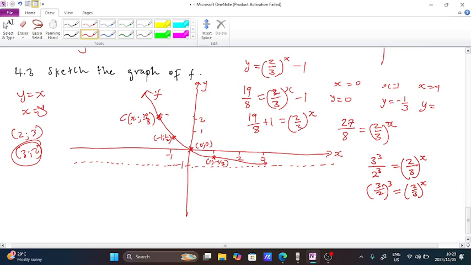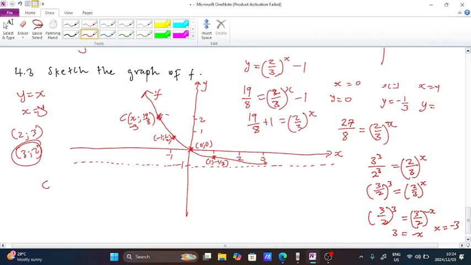We can change this one to be 3 over 2. So 3 over 2 to the power 3 equals 3 over 2 to the power negative x. Then we have 3 equals negative x, so x equals negative 3.